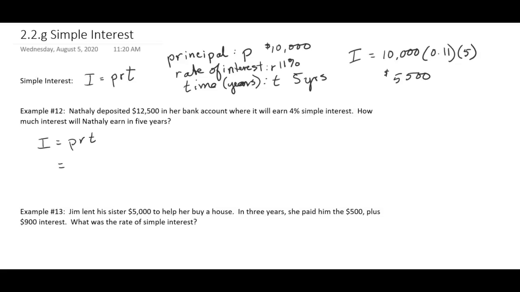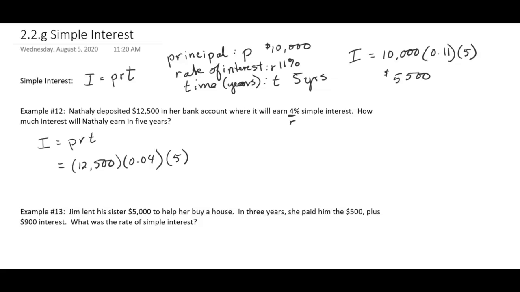Our principal is 12,500. That's how much money she's putting in. The rate of interest is 4%. That's the R, but you're going to make it a decimal, 0.04. You've got to make sure you make that 0.04 or you're going to be sadly disappointed when you go look in your bank account. So you have to change that percentage to a decimal. And then the time was 5 years.